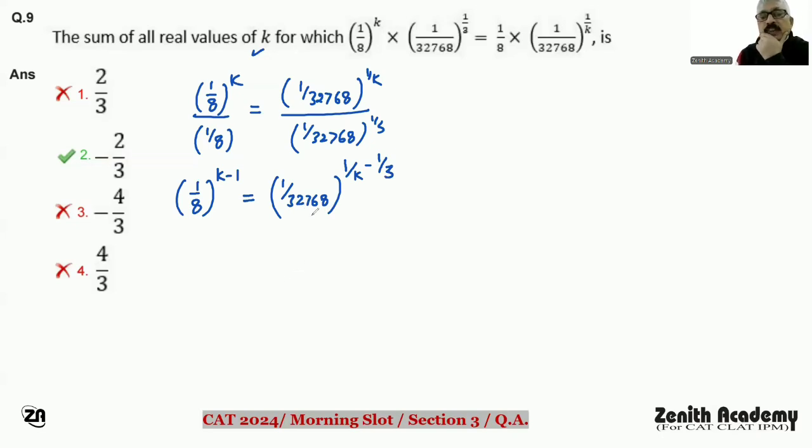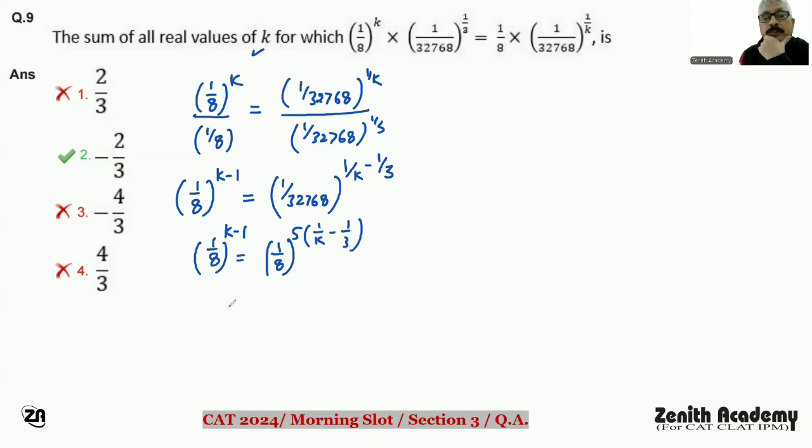Just 32768. Actually, it is 8 to the power 5. अगर आप इसे करके देखें तो it is 8 to the power 5. So (1/8)^(k minus 1) is equal to (1/8)^(5(1/k minus 1/3)).